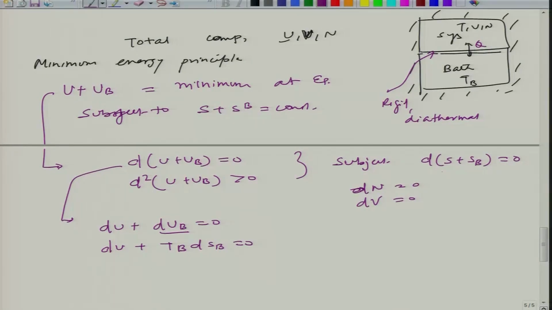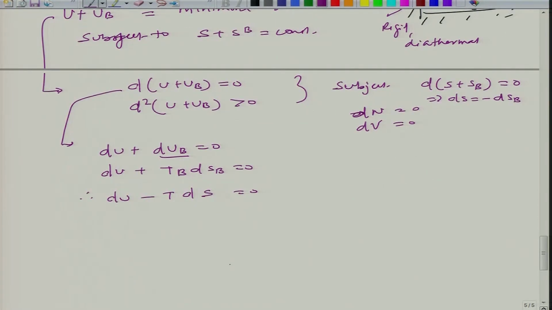Now, from here we know that dS is nothing but minus dS_B. Therefore, dU minus T_B dS. The other thing we can do is write the dU for the system, which is again T dS minus T_B dS.